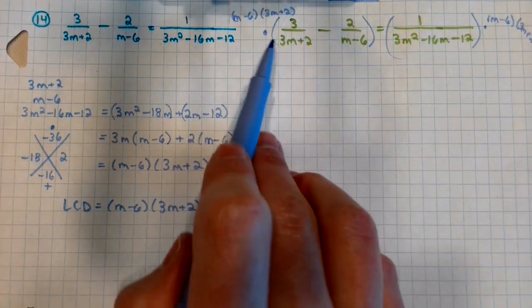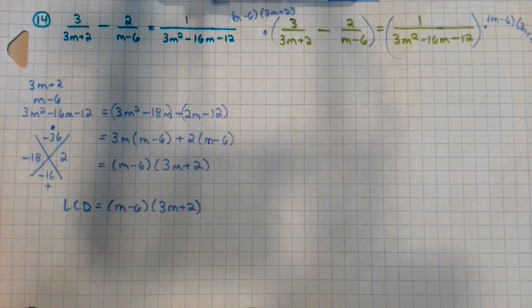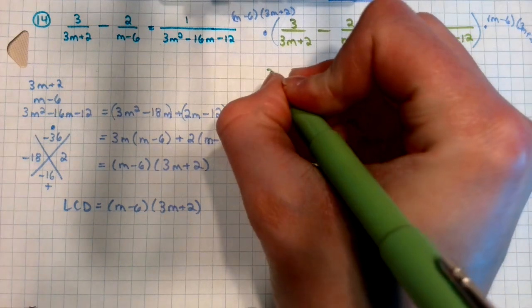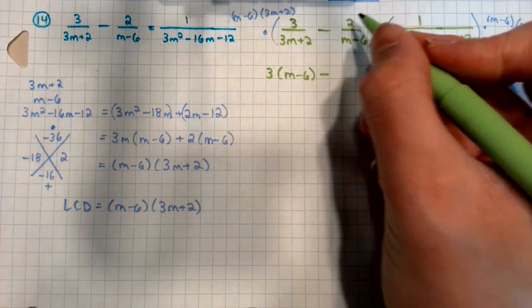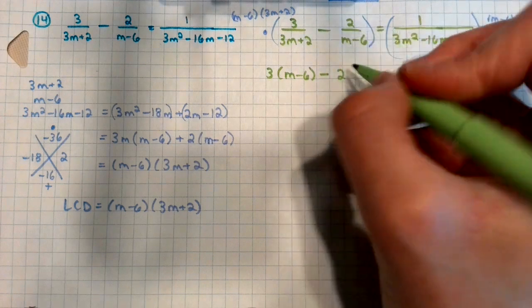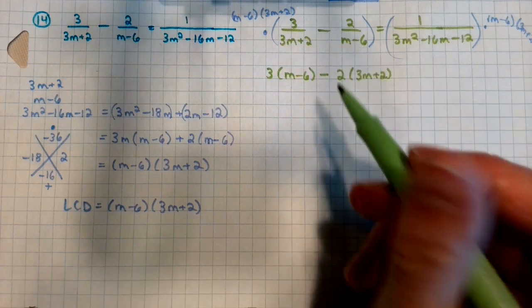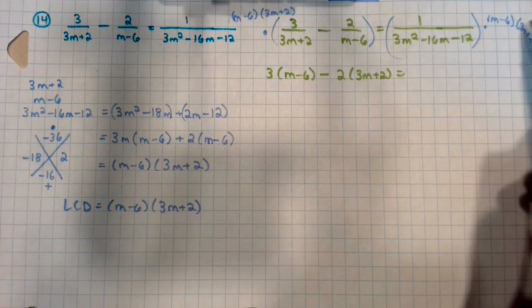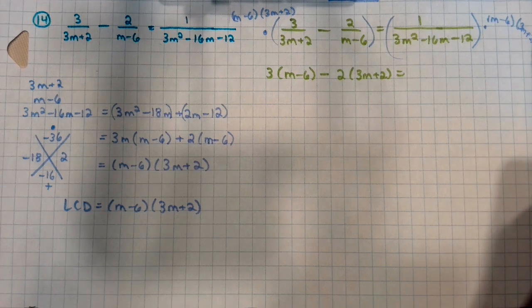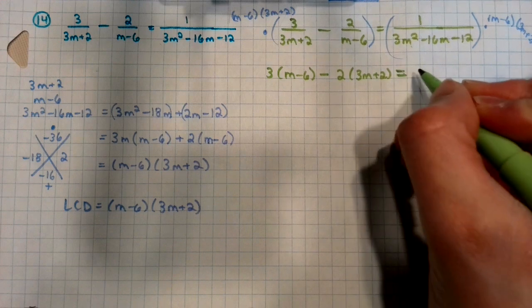So what's going to happen over here, the 3m plus 2 and the 3m plus 2 are going to cancel out, and we're left with 3 and then parentheses m minus 6 minus, and then over here we're going to have 2 times 3m plus 2, since the m minus 6 and m minus 6 are going to cancel out on that one. And then over on the right-hand side, this entire least common denominator that we chose is going to cancel out with the denominator. And so we're left with just 1.